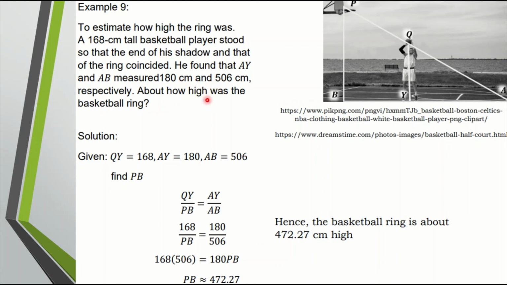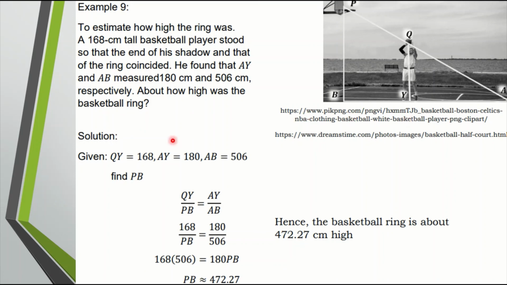About how high was the basketball ring? So ito yung basketball player which is 168 centimeter tall. So ito yung susukatin natin, yung nawawala. So meron din tayong given na AY, ito yon, AY is 180. Tapos yung AB, which is yung kabuuan, is 506.